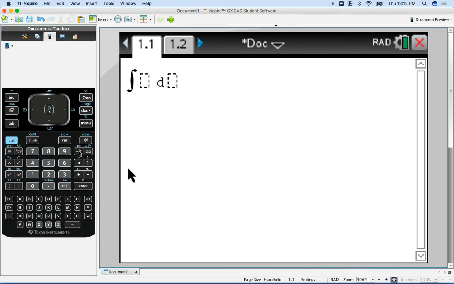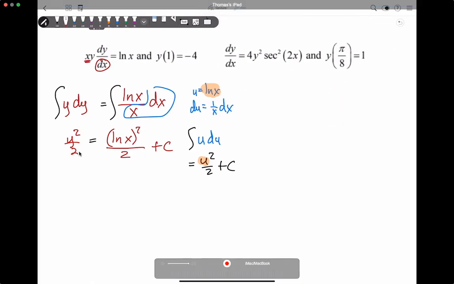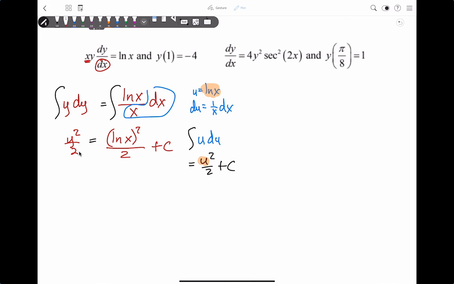You'd take the integral of the natural log of x over x with respect to x. Oops. And sure enough, you get that natural log of x quantity squared over 2, which is what we got over here. Okay? So let's keep going. We are now going to try to use our initial condition, x is 1, and our y value is negative 4, so that we can solve for our constant c right here.